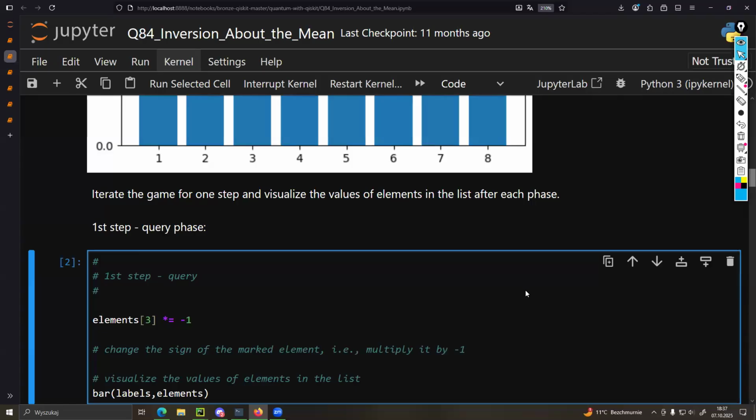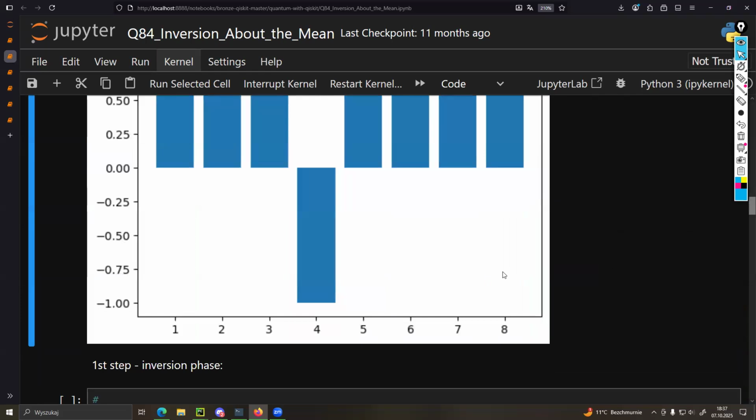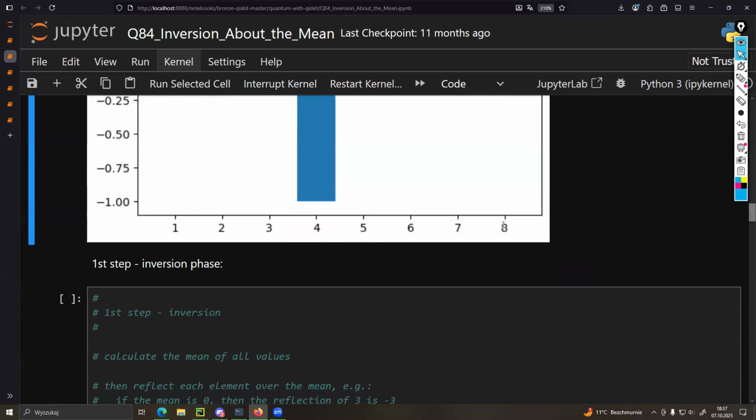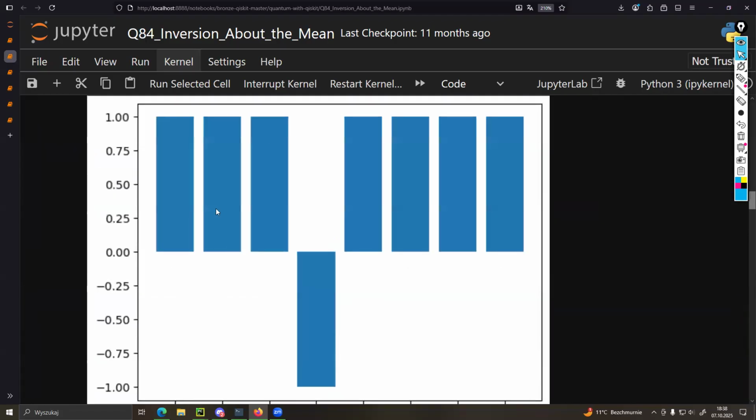In this scenario, we mark by flipping the phase of this. So the probability will be the same, but we flip its phase, and this is how we mark it. Then we perform something called an inversion over the mean.